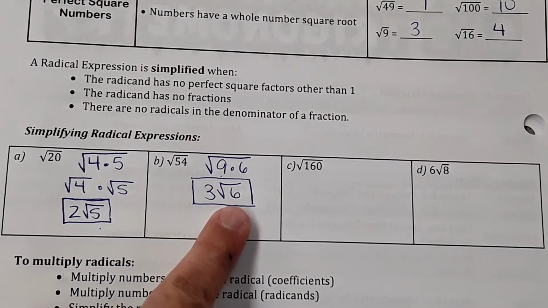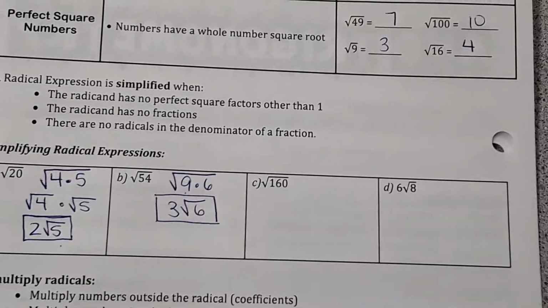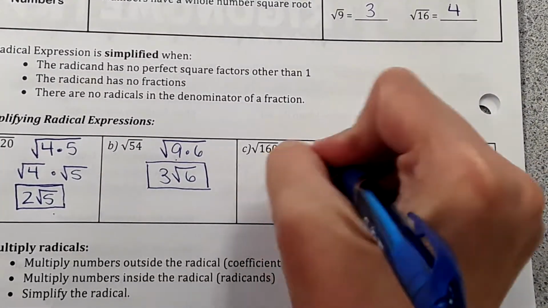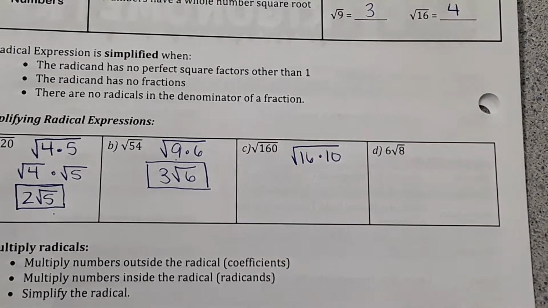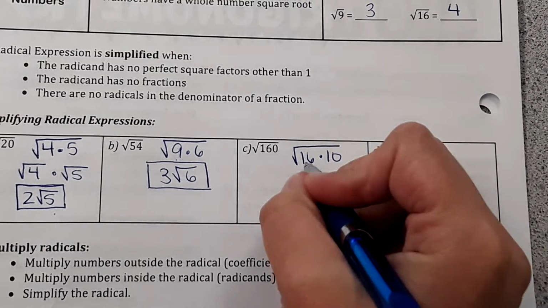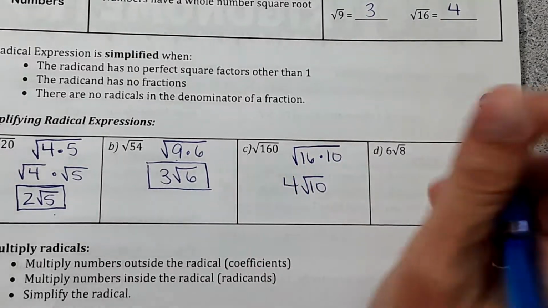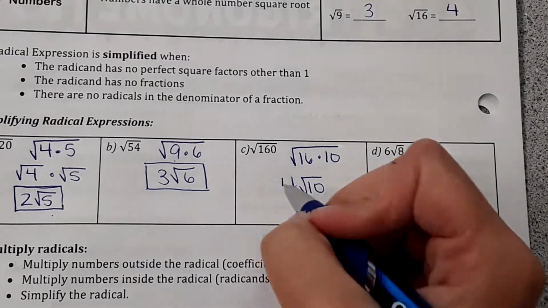Now 6 can be broken up as 3 times 2, but there's no perfect squares, so you're done. And for C, 160. I'll break it up as 16 times 10. Square root of 16 is 4, so we get 4 square root of 10. And that's the answer.